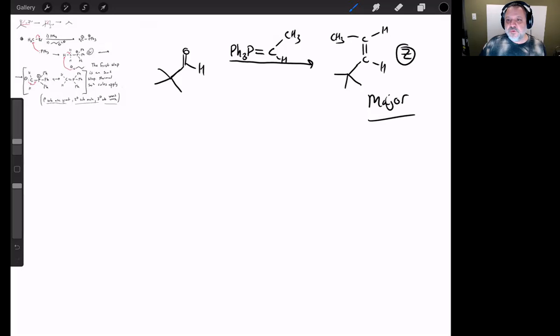So for most of these Wittig reagents, the Z stereoisomer will be the major product. This changes, however, and this is why we're talking about it, if attached to the Wittig reagent is an electron withdrawing group. So it ends up being a discussion about stabilized Wittig reagents.